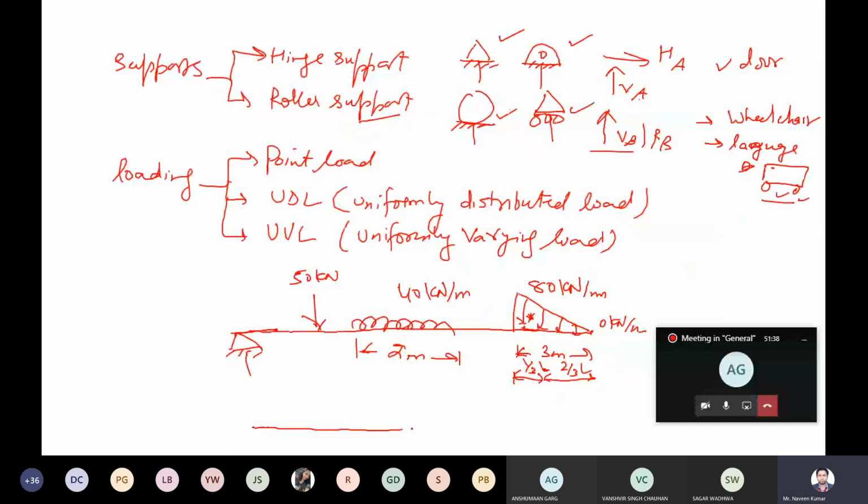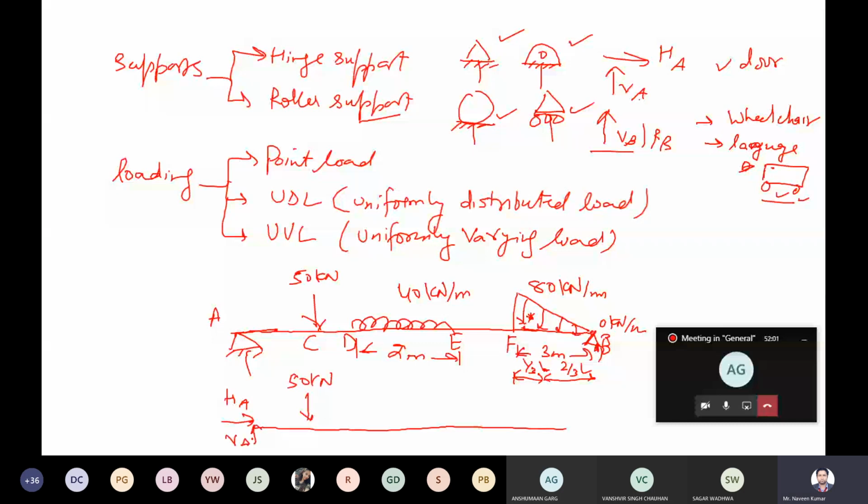I am again making the final diagram here. If this is the roller support, so what will be the diagram here? This will be HA. If this is A, C, D, E, F and B. So this is 50 as it is, we are writing HA, and this is VA. Why?